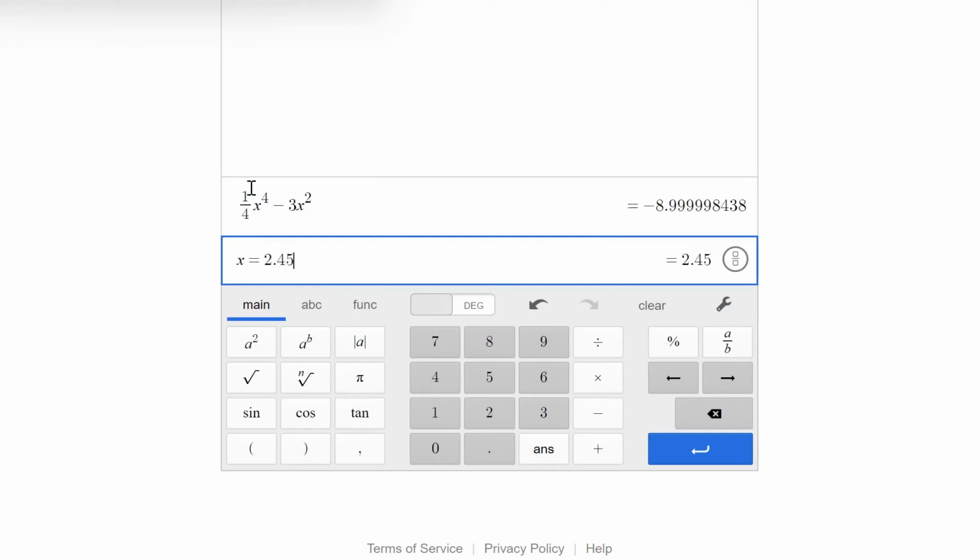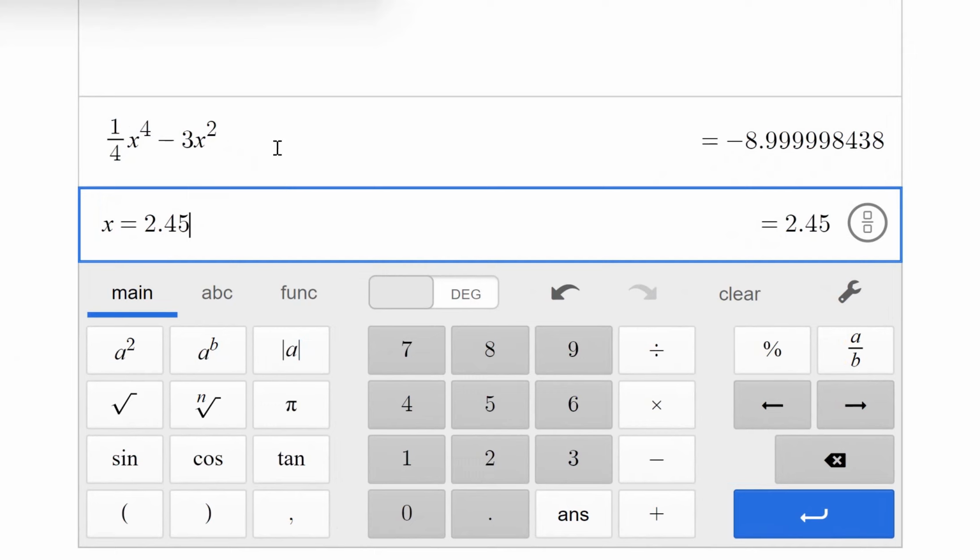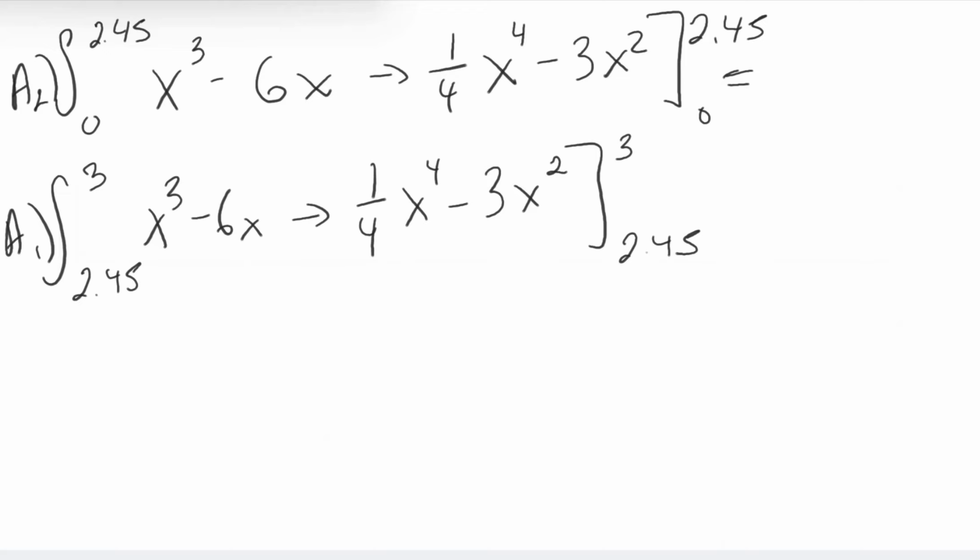Notice how I just plugged in that and I got basically -9. So you could plug the equation in there and then just change x, and it'll just change the problem. If you're going to do multiple values, you can do this and it'll give you multiple values. So this comes out to be -9.